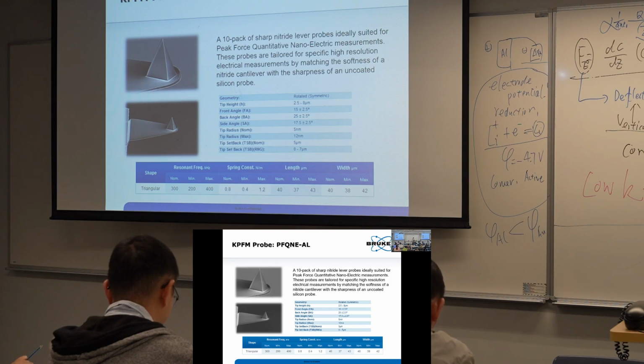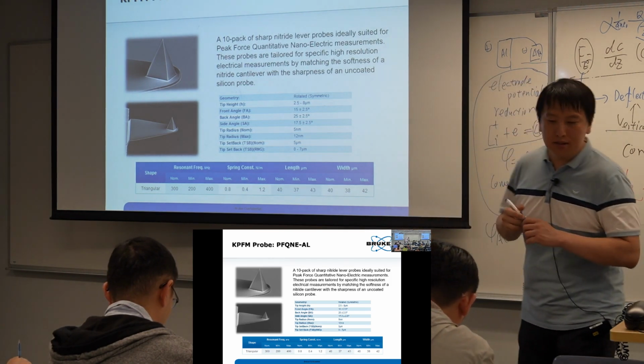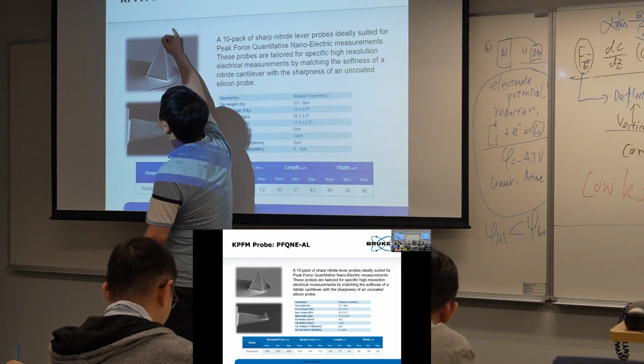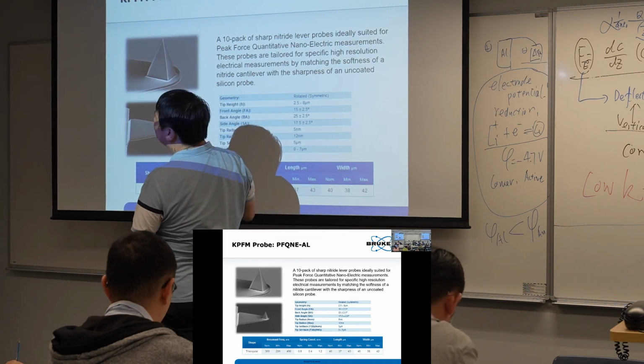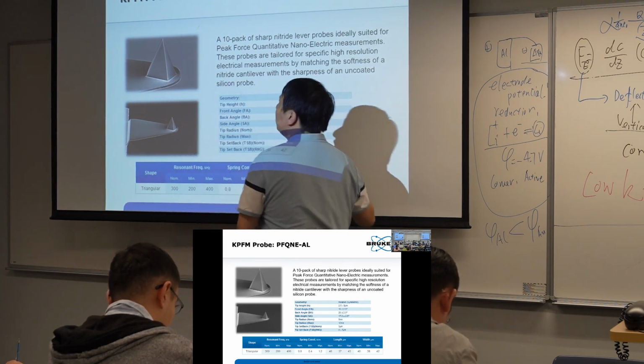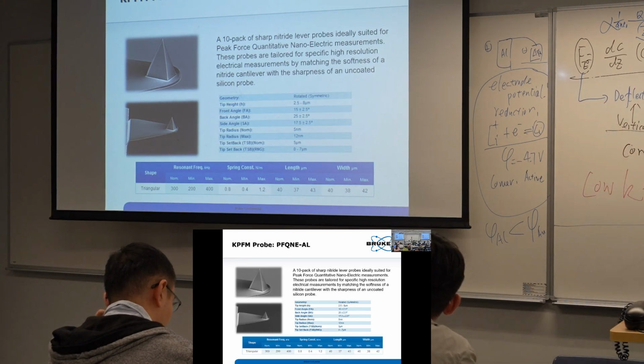Another advantage is that there's no metal coating on the probe, so you don't have to worry that if the metal coating is gone, the signal will change. It is always silicon. It's much easier.